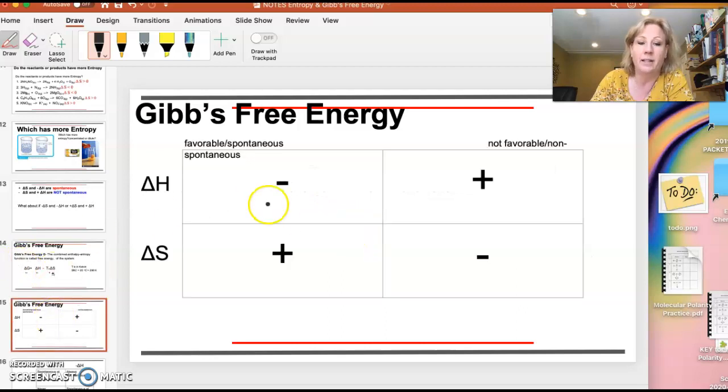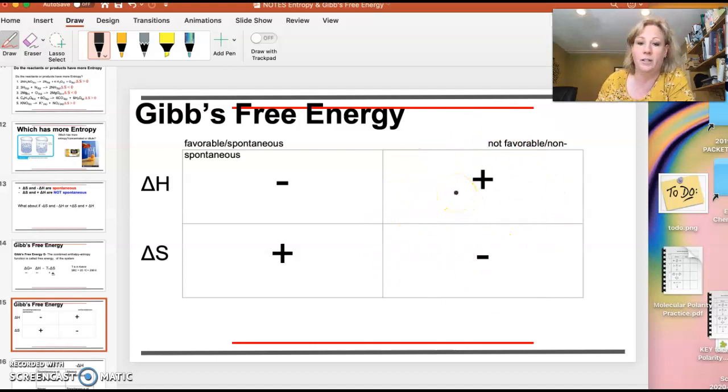So that leads us to this chart. If the enthalpy is negative and the entropy is positive, over here, this is for sure spontaneous. If the enthalpy is positive and the entropy is negative, it's for sure not spontaneous.